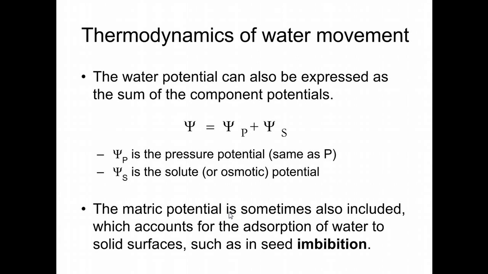Why is it important in this part of the world? Most of my work until 10 years ago had been on seeds. So upstairs we have a seed storage room on the 5th floor where we control the humidity and the temperature. Because if I take seeds out and put them outside in the summer in Texas, the water potential is so low that they actually pull water into the seeds from the atmosphere.